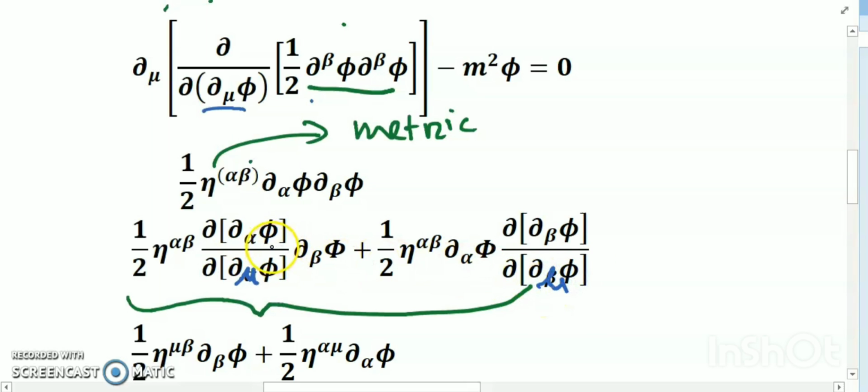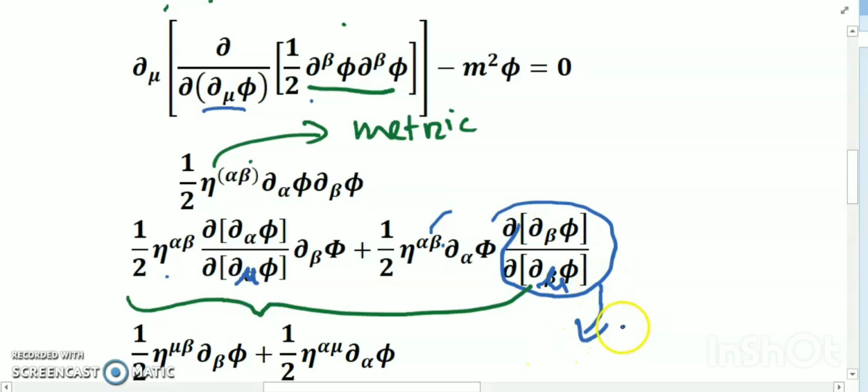So it is half into eta alpha beta, del alpha phi, del mu of del beta phi, and half into eta alpha beta del alpha phi. So this term becomes the Kronecker delta.